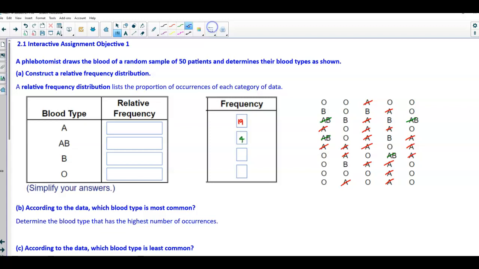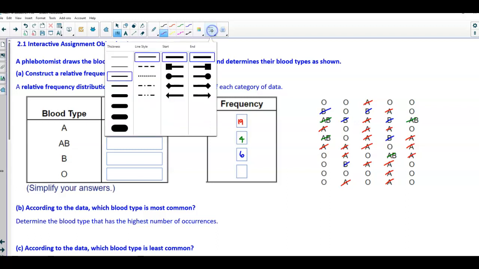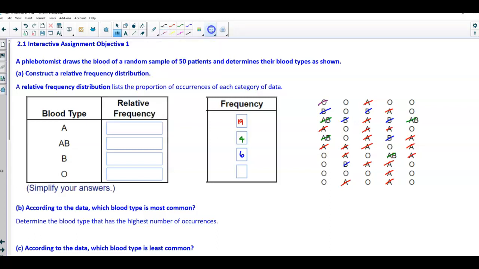Then for blood type B, we have 1, 2, 3, 4, 5, 6. So we have 6. And for blood type O, we count up to 21.